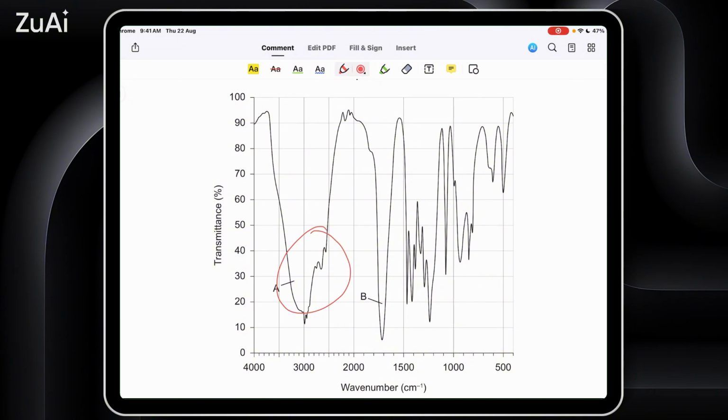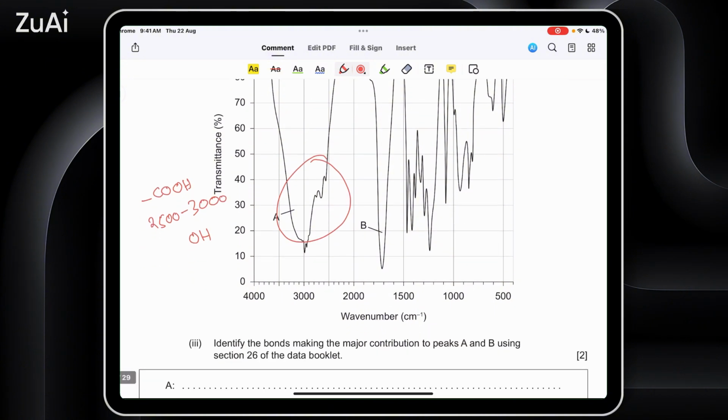You will see the data booklet. The carboxylic group peak is from 2500 to 3000. That's a very, very strong peak of the carboxylic group. And the OH group is present in the carboxylic, by the way. So that's why we can say that this is just because of the OH.